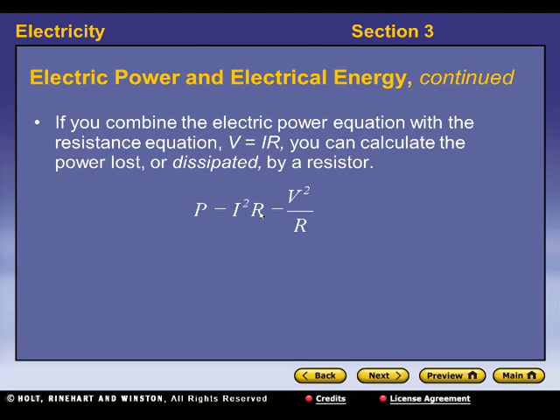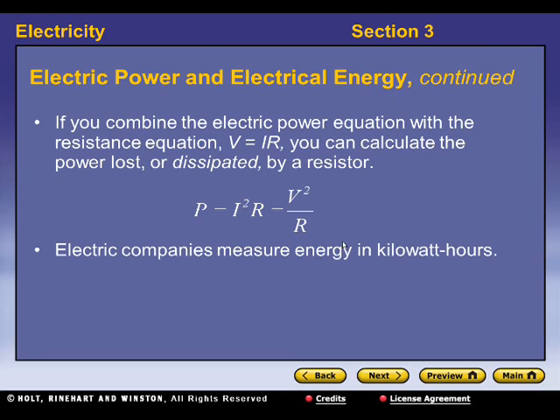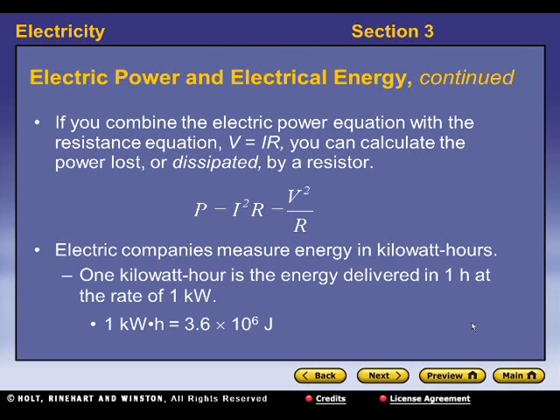If you take V and put IR in for it in P equals I times V, you get I times IR, which is I squared R. Or you replace it in other ways, and you get something called V squared over R. So any one of those ways can be used to calculate power, depending on what information you're given in the circuit.